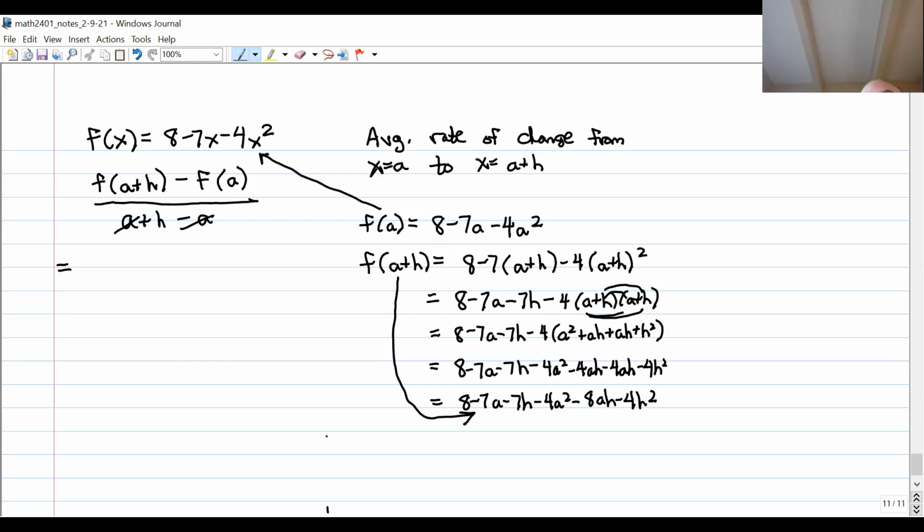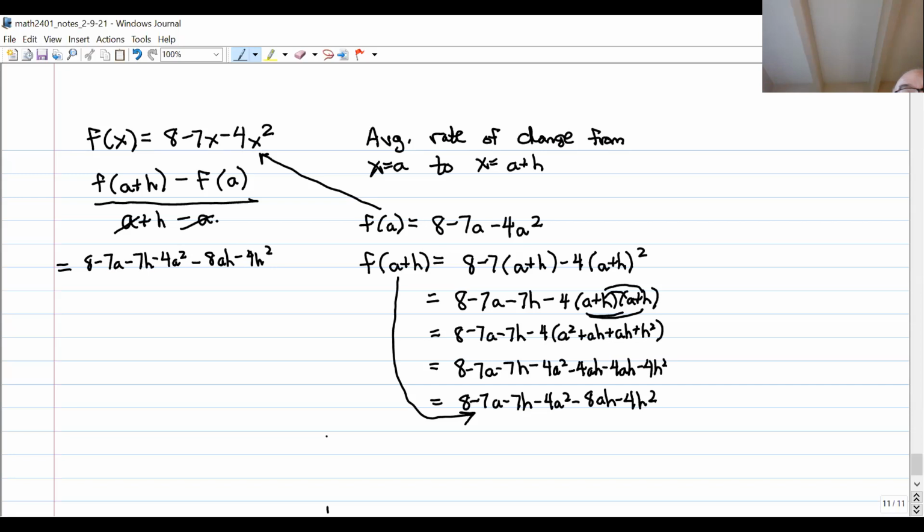It's all of this. Now, remember, that's only part of the problem, right? We have to take all of this and now put it back into the difference quotient, right? So remember, f(a+h) is 8 minus 7a minus 7h minus 4a squared. Let's make sure we get all of the terms written down. Minus 8ah minus 4h squared.